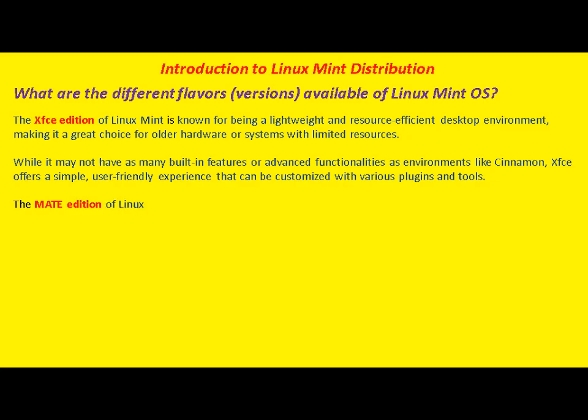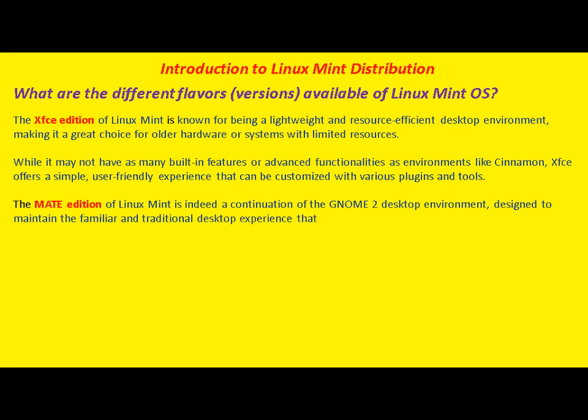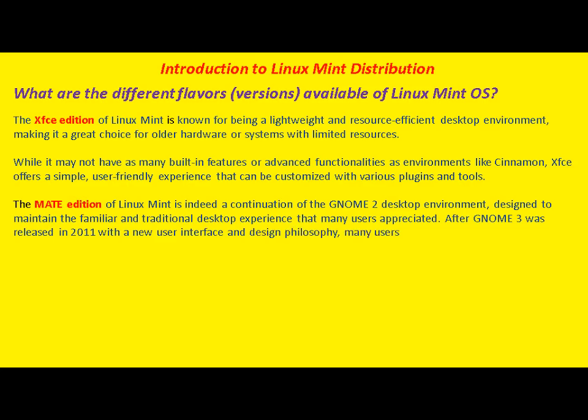Now the third version, the MATE edition of Linux Mint, is a continuation of the GNOME 2 desktop environment, designed to maintain the familiar and traditional desktop experience that many users appreciated. After GNOME 3 was released in 2011 with a new user interface and design philosophy, many users preferred the older GNOME style, leading to the creation of MATE as a fork.